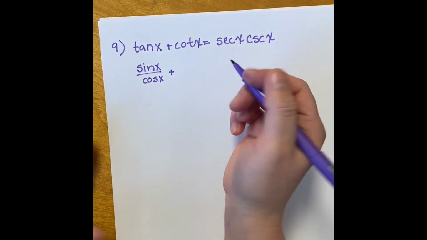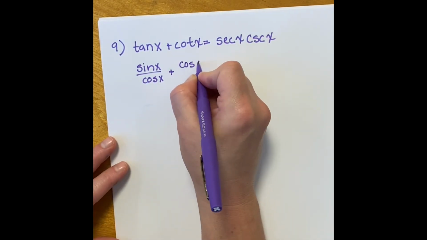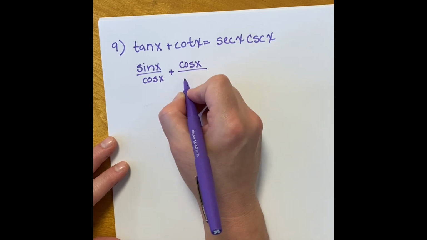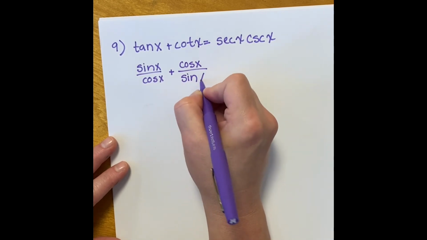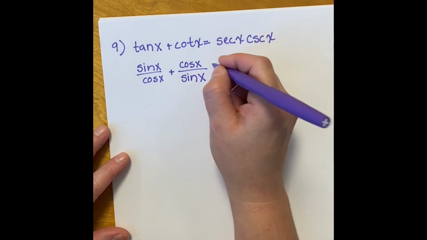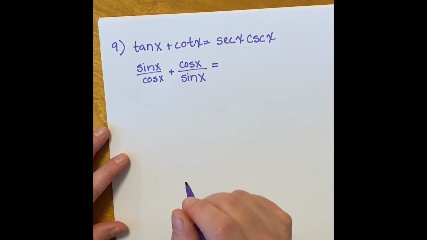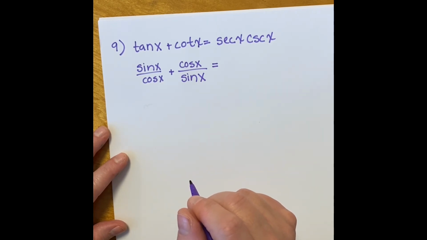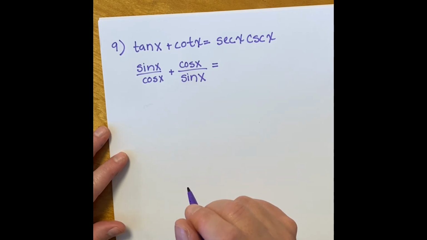And I know cotangent is just the cosine of x over the sine of x. All right, I think we should add these two fractions. And to do that, I need a common denominator. I'm going to take it back old school right now and use the butterfly method. Yeah, that's right, the butterfly method.